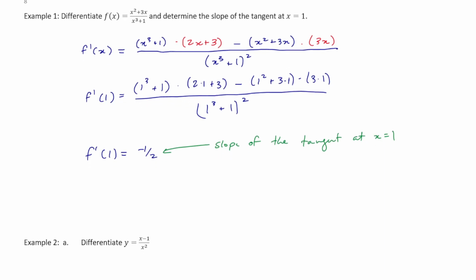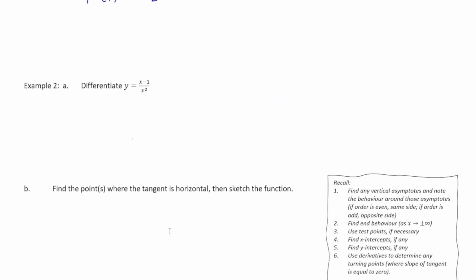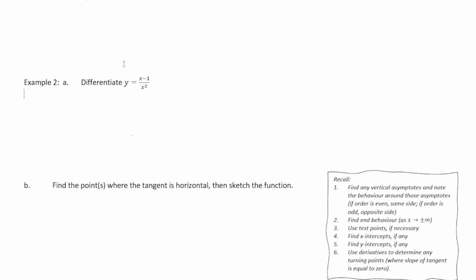Okay, on to the next example. In this next example here, we have a rational function, and my rational function is y is equal to x minus 1 all over x squared. And this is asking me to differentiate this function. So I'm going to differentiate this function by using the quotient rule as we just learned.